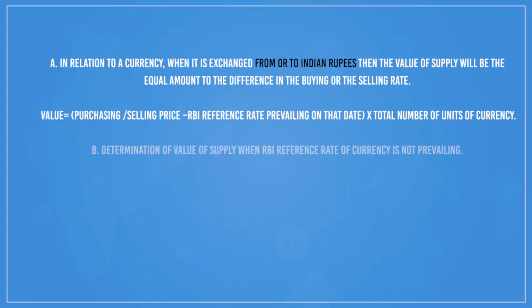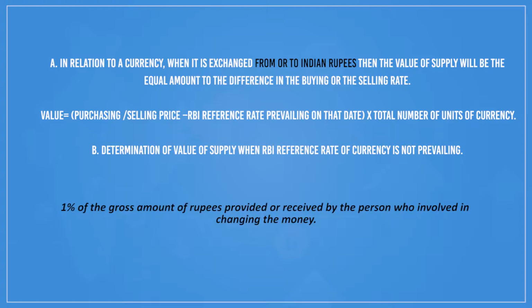Number 2, determination of value of supply when the RBI reference rate of currency is not prevailing. In such a case, value of supply shall be 1% of the gross amount of rupees provided or received by the person involved in changing money.